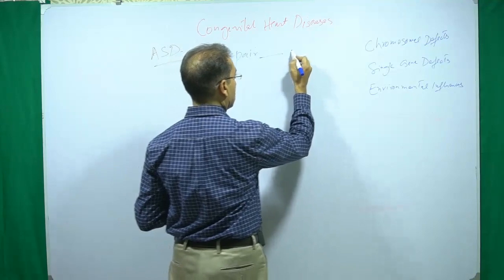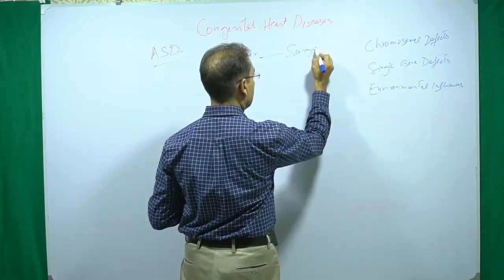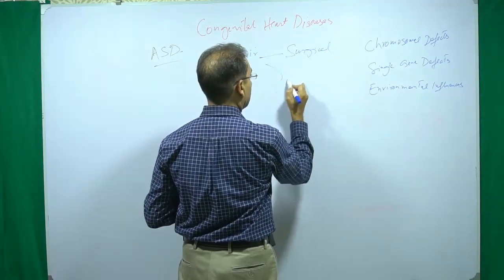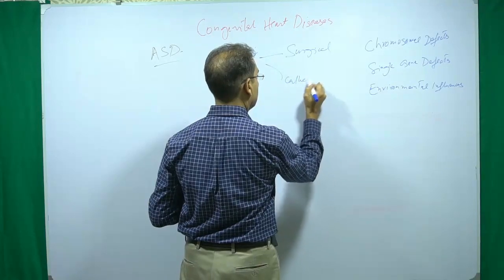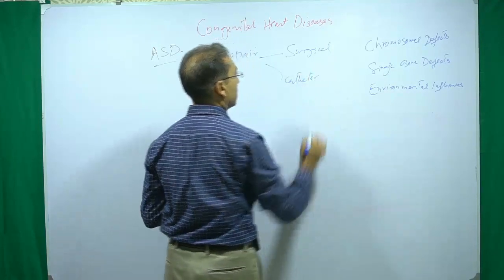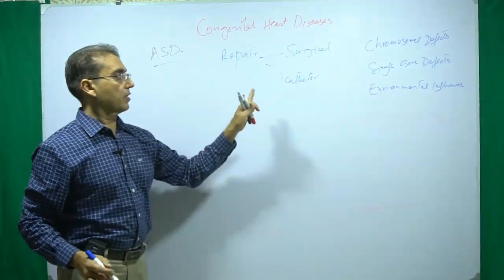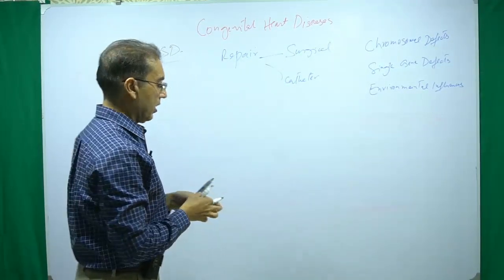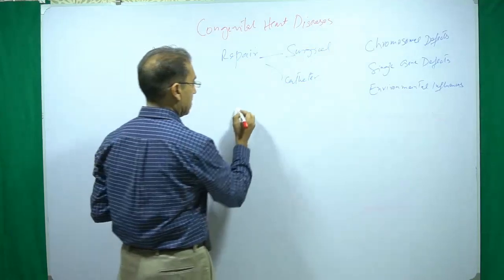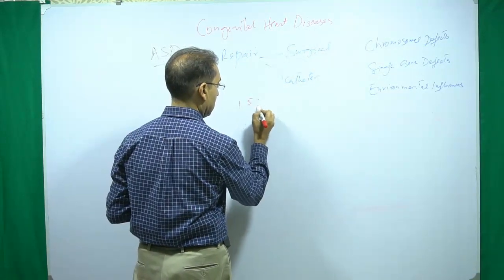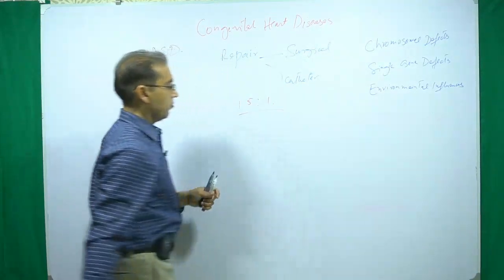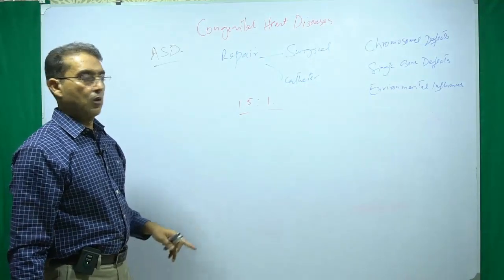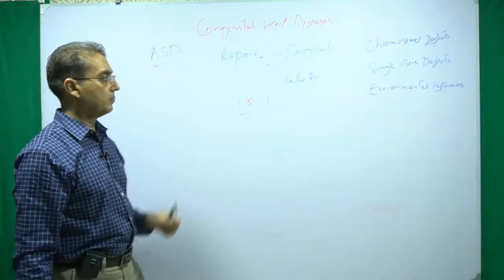It can be surgical, it can be through the catheter. So it can be open surgery or it can be catheter. Now, when should it be treated? If the shunt is 1.5:1 or more than that, it should be treated.